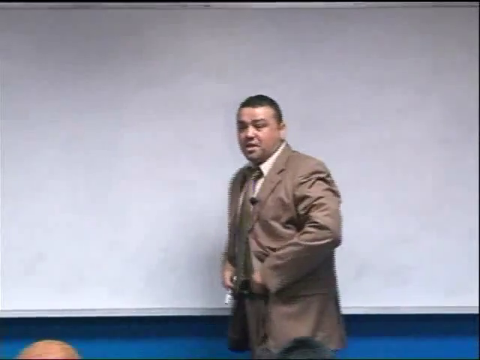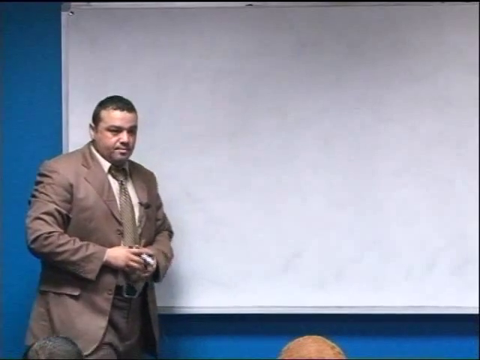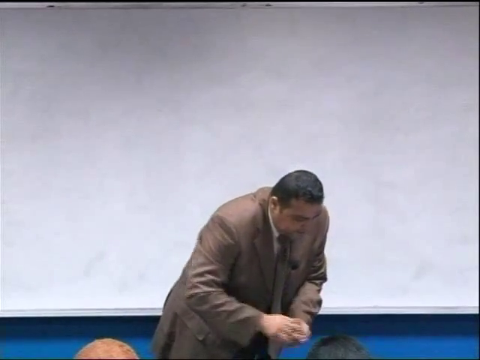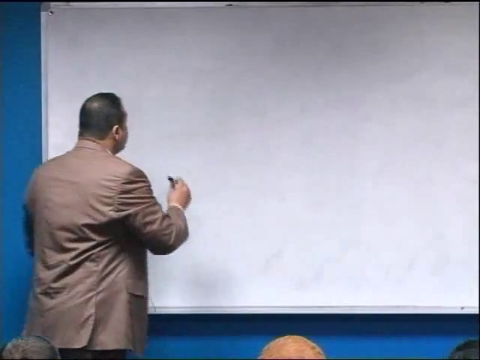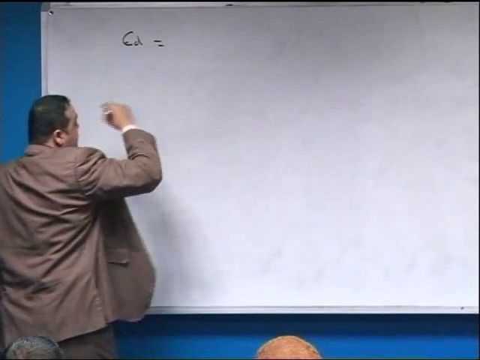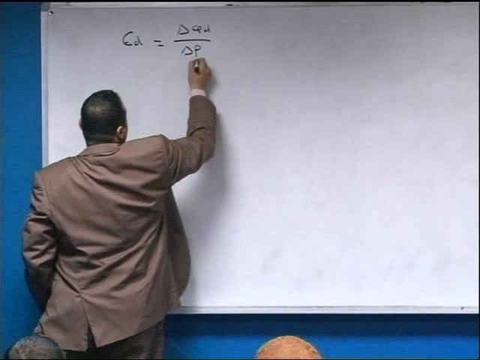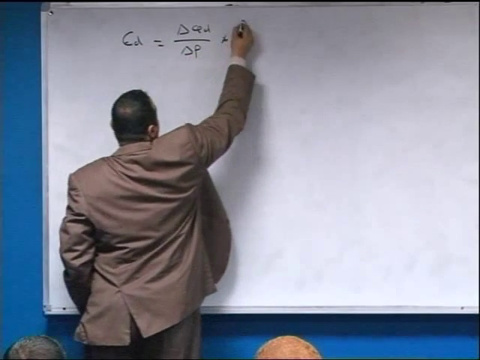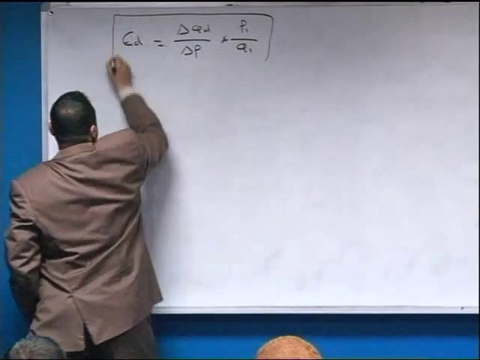We have another formula to calculate the price elasticity of demand, which is ED equals delta Q over delta P times P1 over Q1, QD1.